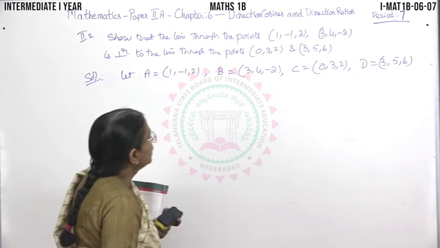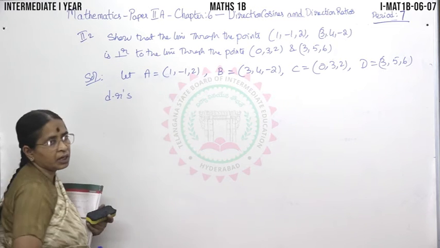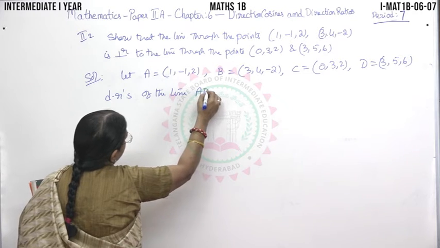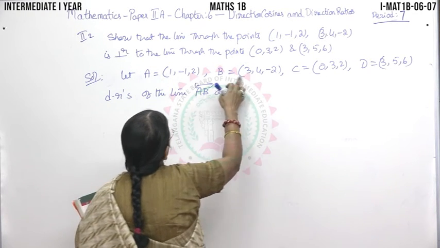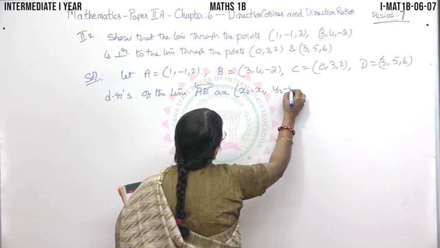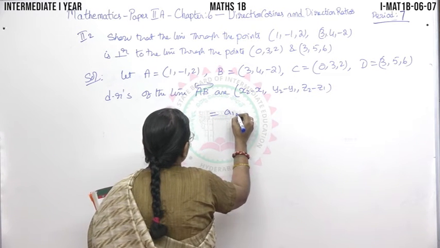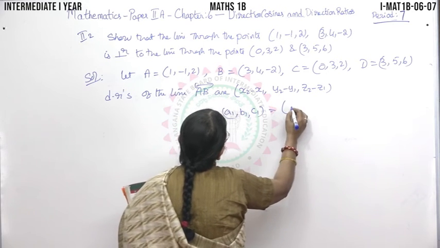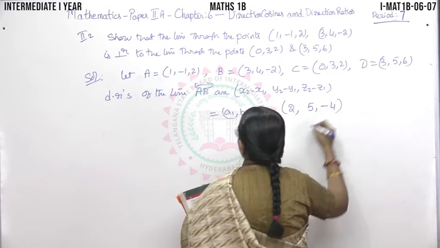Now we'll find the direction ratios of the line AB, the line passing through A and B. So the formula is x2 minus x1, y2 minus y1, z2 minus z1. We name them as A1, B1, C1. So it is 3 minus 1, that is 2, 4 plus 1, 5, and then minus 4.